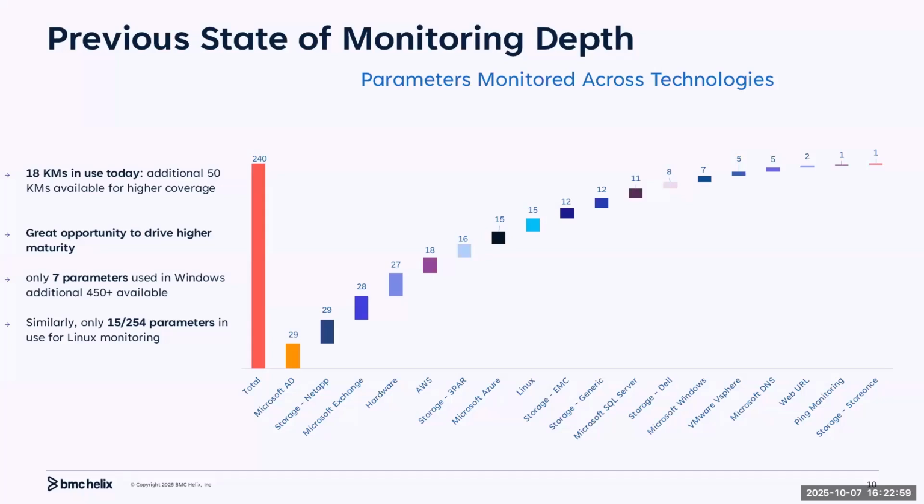So there's no point in having 7 parameters or 10 parameters or 20 parameters. But it is an indirect indication of how deep you are in terms of what you are monitoring. If you're only monitoring one parameter in one of the technologies, that probably means you simply don't have the depth.